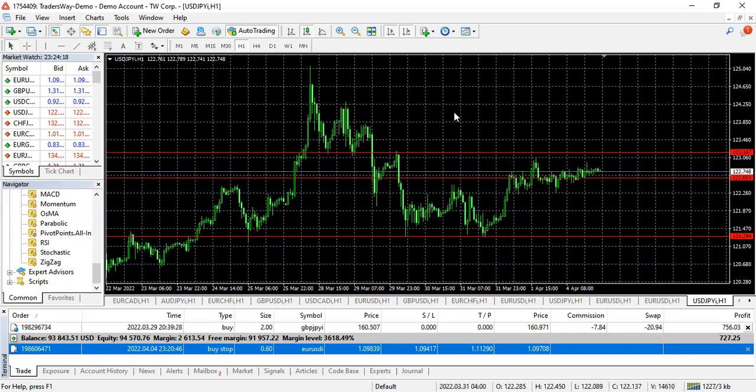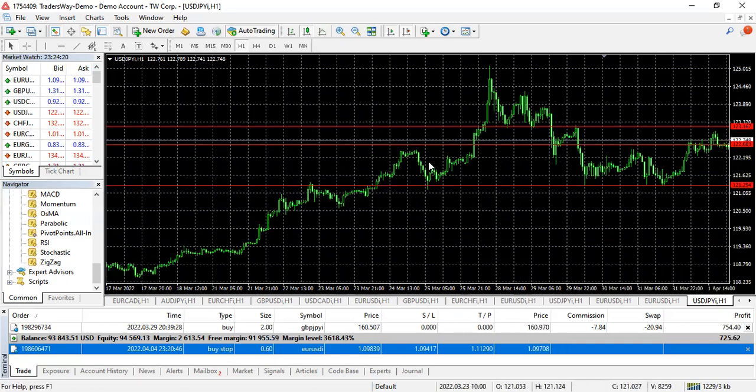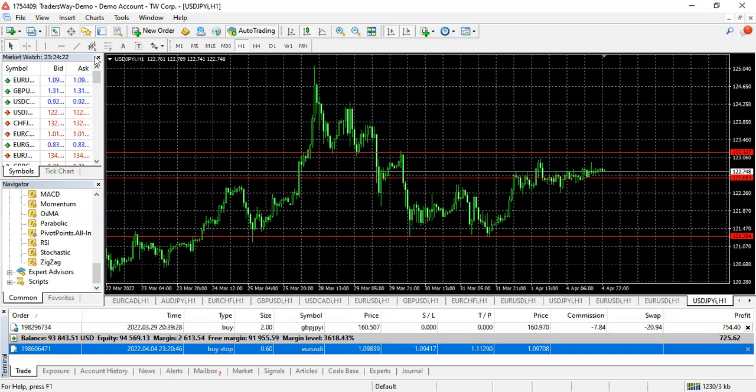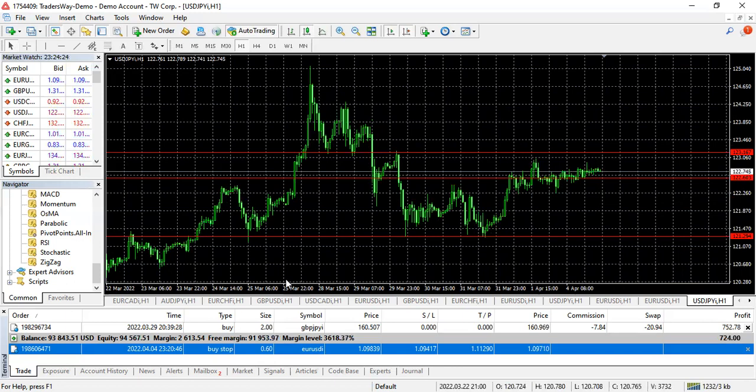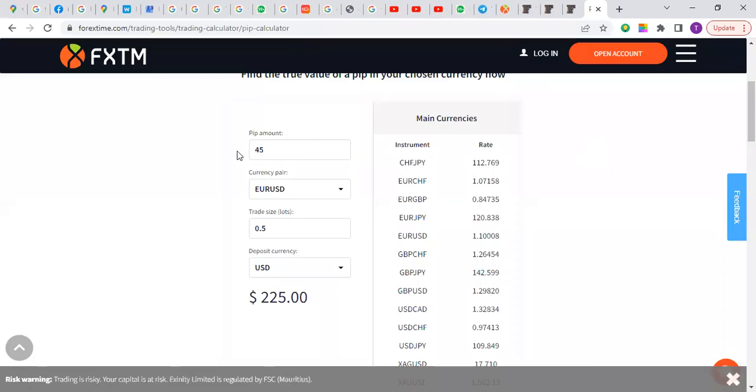Good. It is up to 1:2. So now I want to execute such a trade. I want to trade on USD JPY. So we have 55 pip.